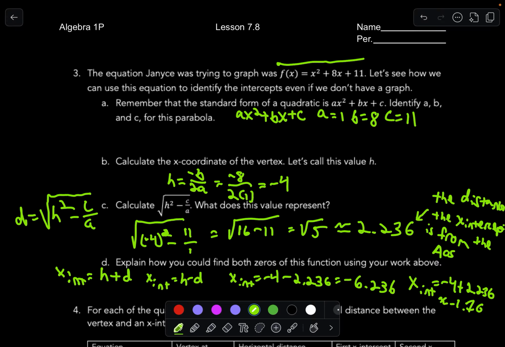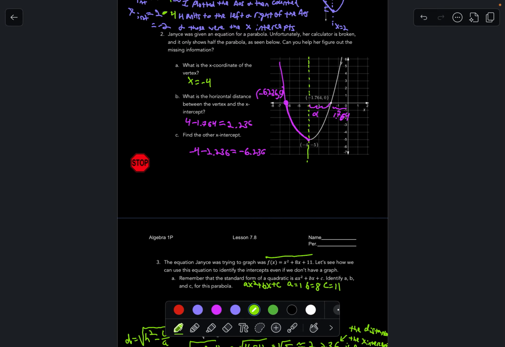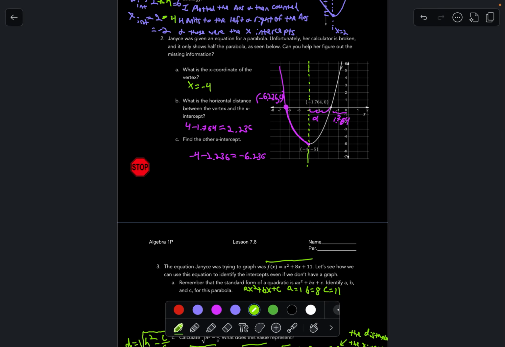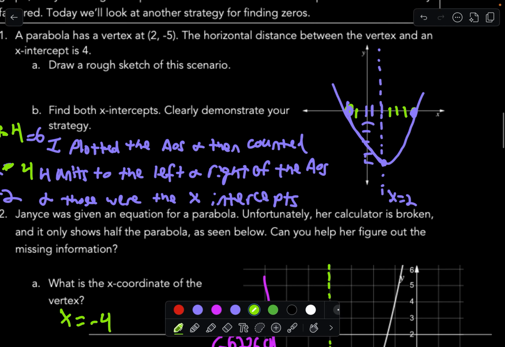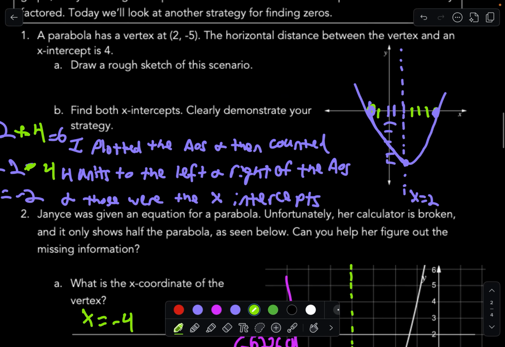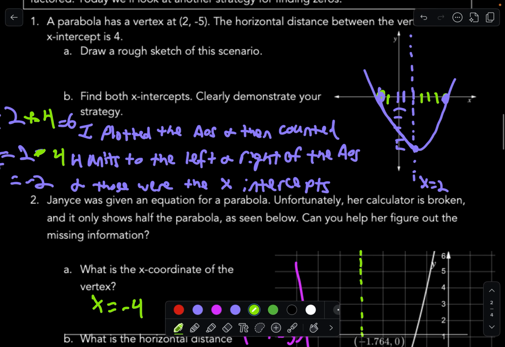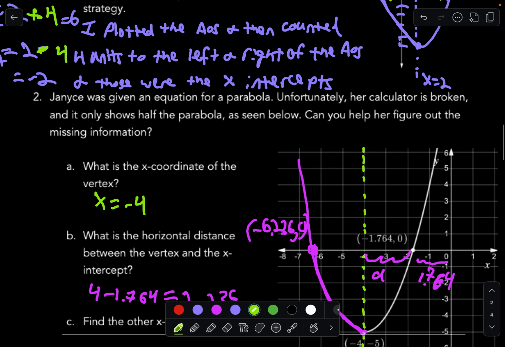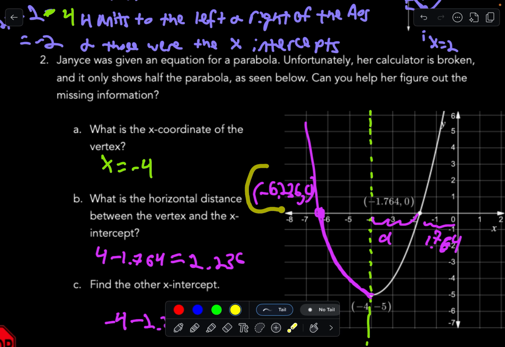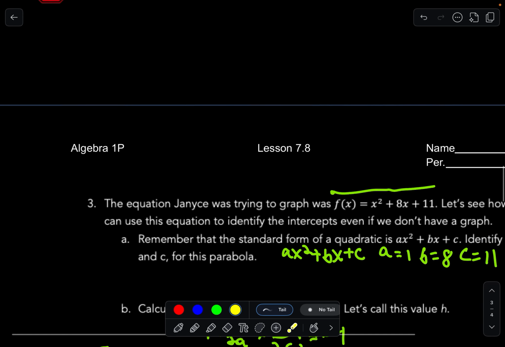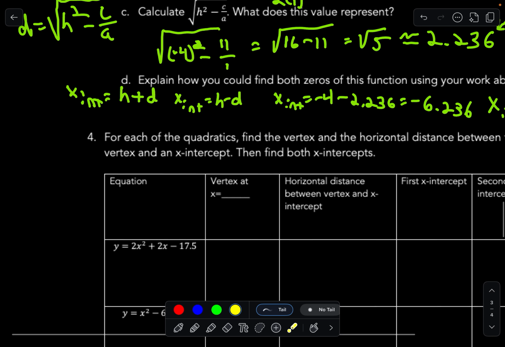Okay? And if you look, that's exactly the numbers that they gave us up here, right? We were able to calculate this distance and that distance. Okay? Those are the two x-intercepts.